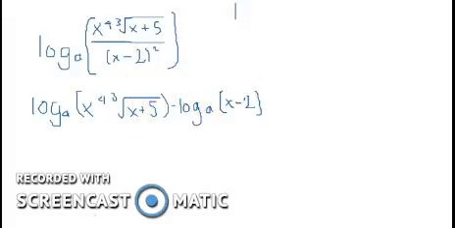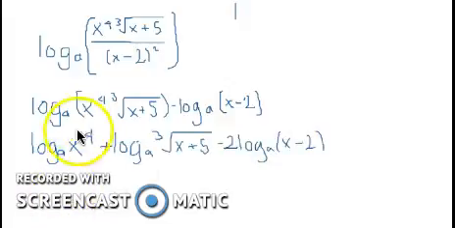So the next step was to, well, as we can see here, this value is multiplying from this value. So we are going to separate it by doing a sum of logarithms. We are left off, we separated this from this, and we got a sum of logarithms.